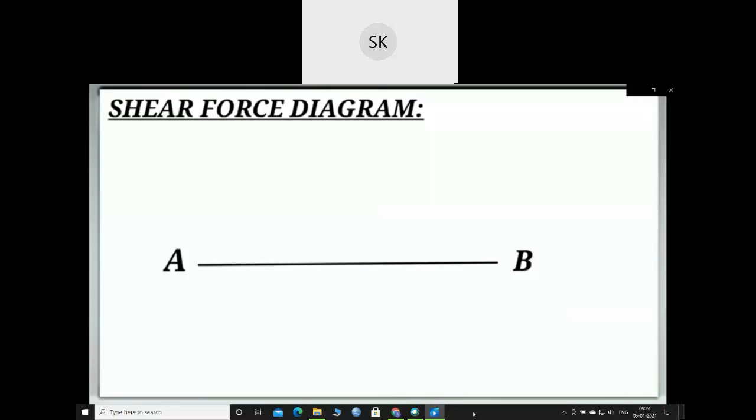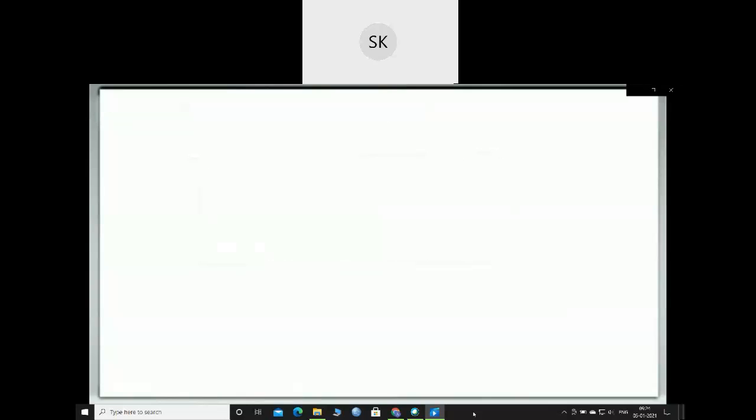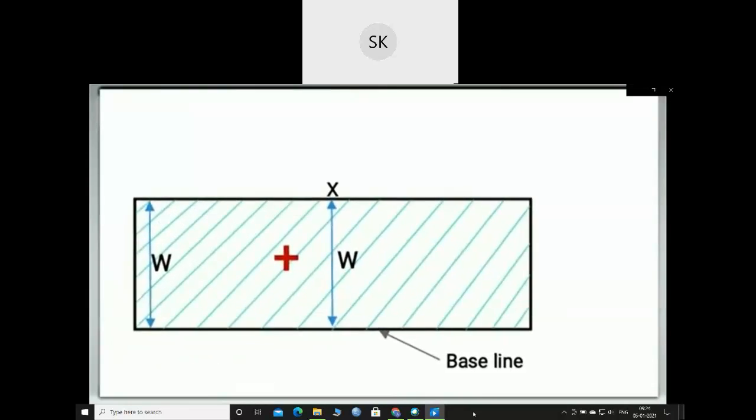At point B the shear force will be equal to plus W, and since we have already derived that the shear force at any section between points B and A is plus W, we will draw this plus W to some scale, and it will remain constant from B to A. Hence this will be our shear force diagram. To make it clearly visible, our shear force diagram will look something like this.